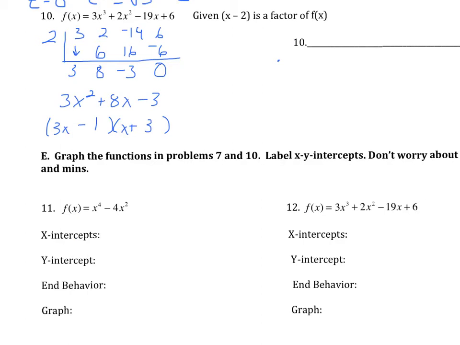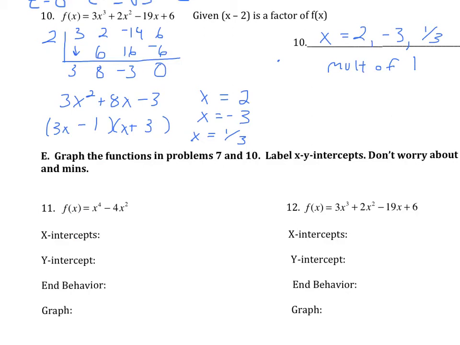So that means that I have 2 other zeros at -3 and at positive 1/3. And I have a 0 at 2, which was already given to me. So all of these have a multiplicity of 1. So I'm just going to list them all out. And multiplicity of 1.